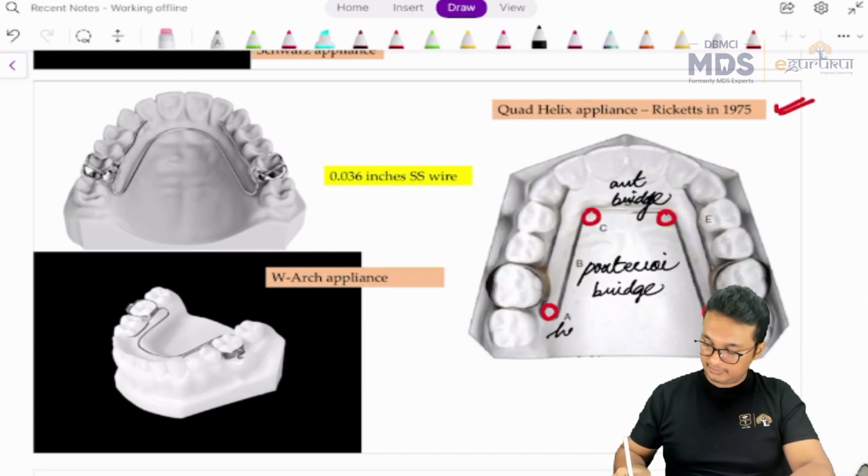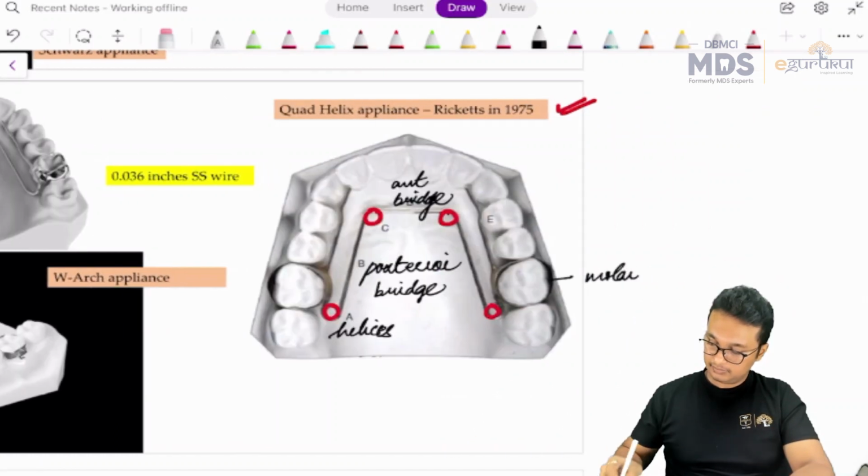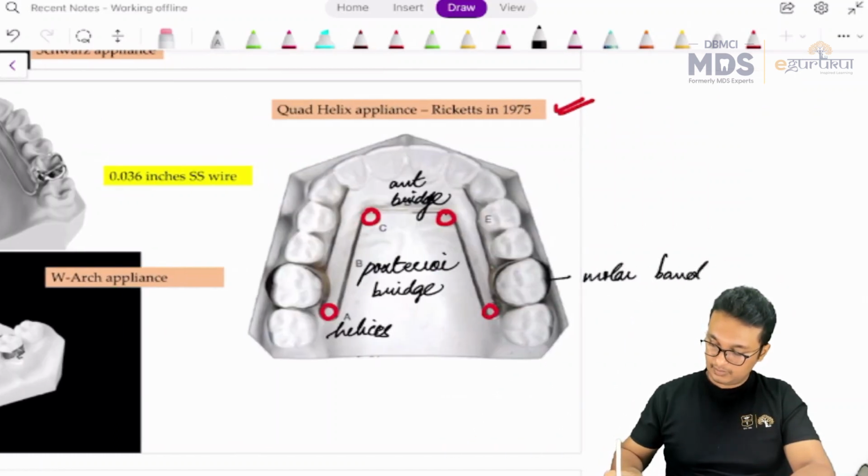And these are the helices. These are the molar bands. And these wires are called anterior expansion wires.